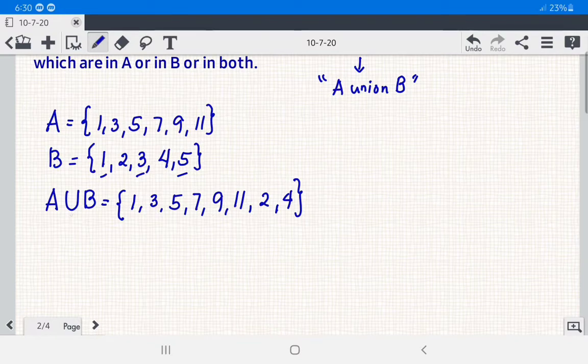We can also rearrange this: 1, 2, 3, 4, 5, 7, 9, and 11.